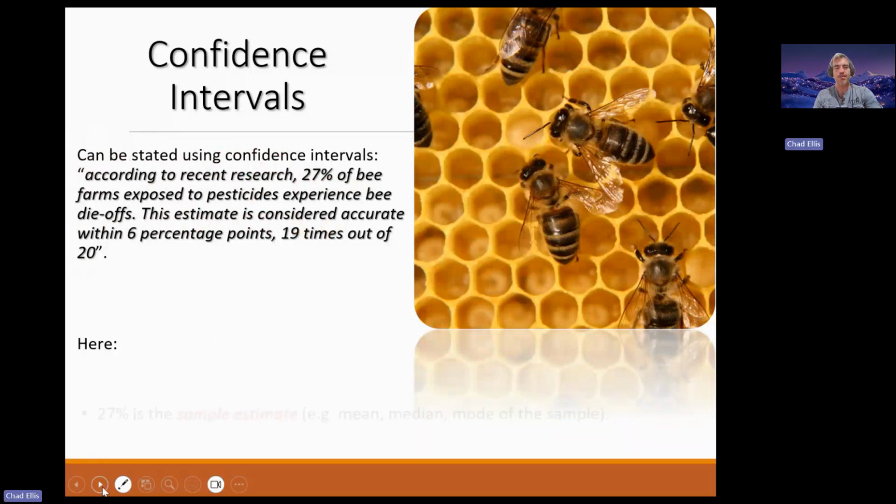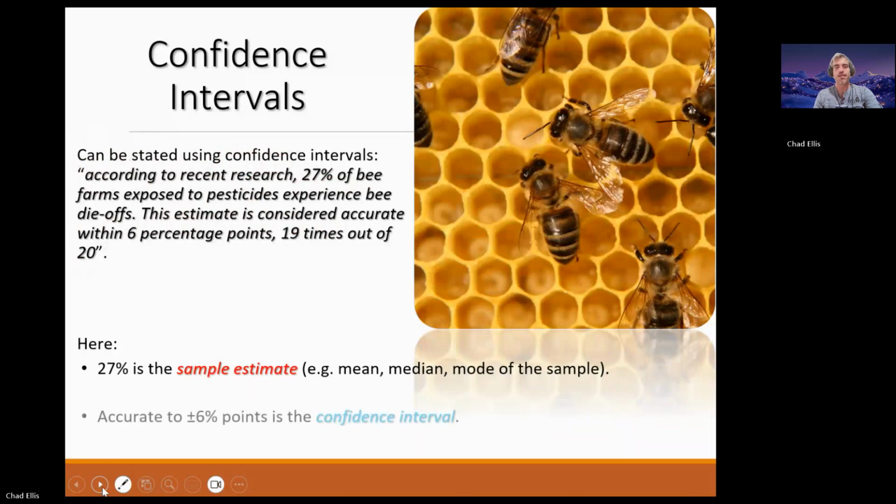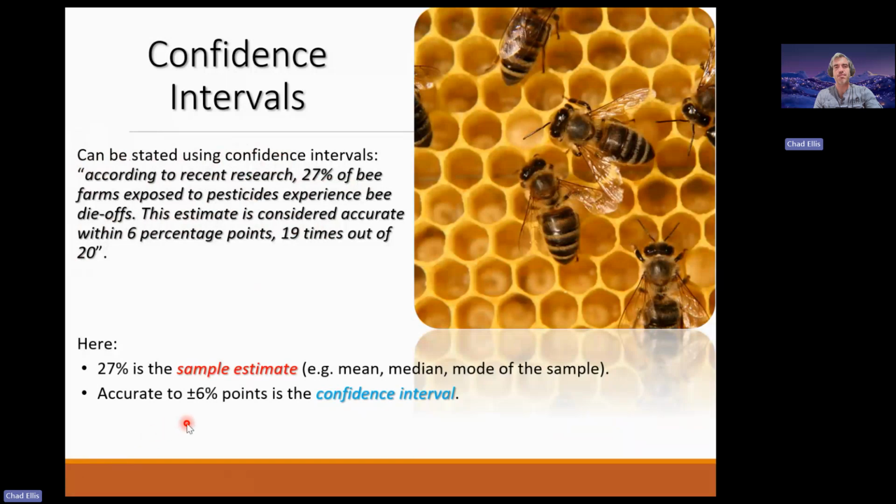Well, we can break it down. So 27% is our sample estimate. In this case, probably it's going to be like the mean or the median or something like that. That's our X bar. So that's a result. Now that's 6 percentage points, plus or minus, above and below that 27. That's our confidence interval.